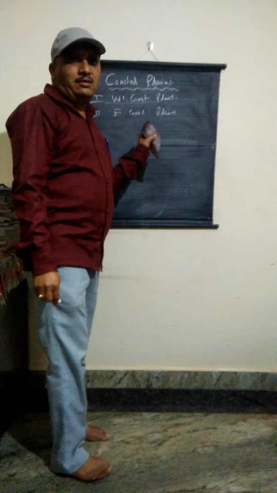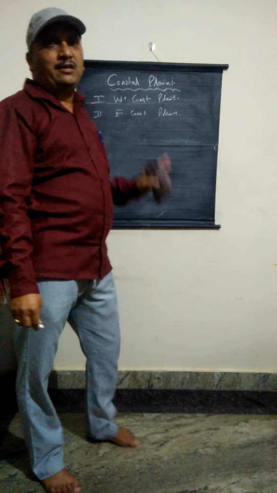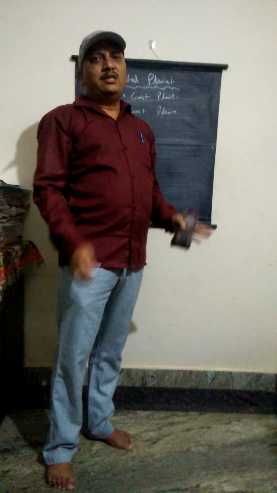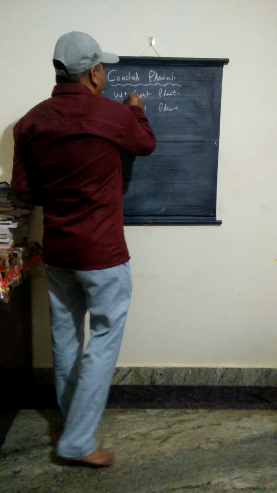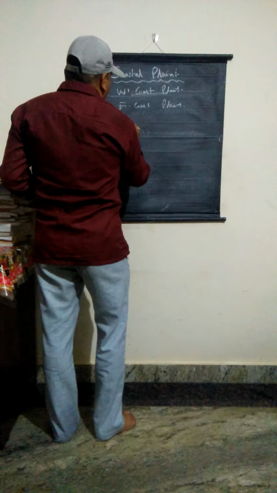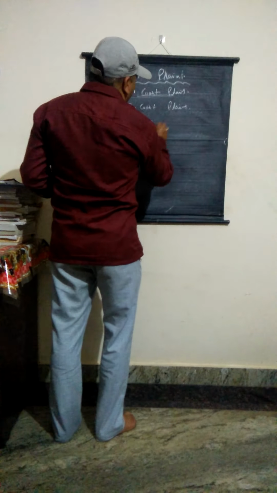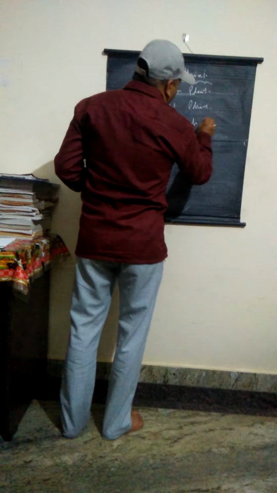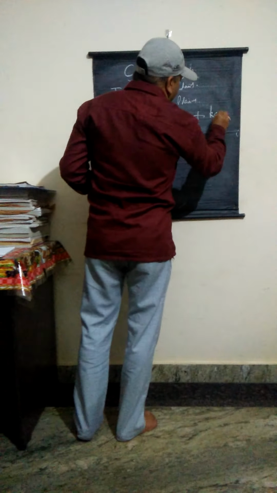The west coast plains are located along the Arabian Sea, in between the Western Ghats and the Arabian Sea. This is called the west coast. It stretches from the Rann of Kutch to the Kaveri Delta.